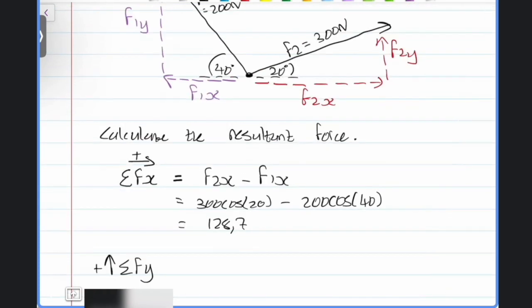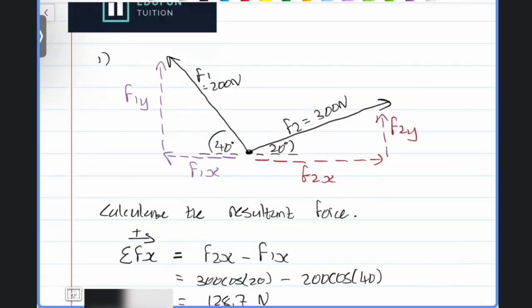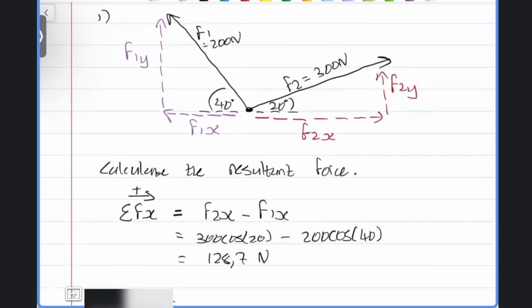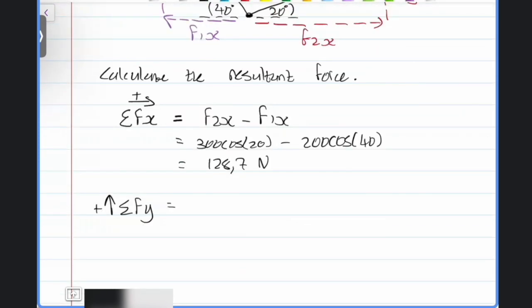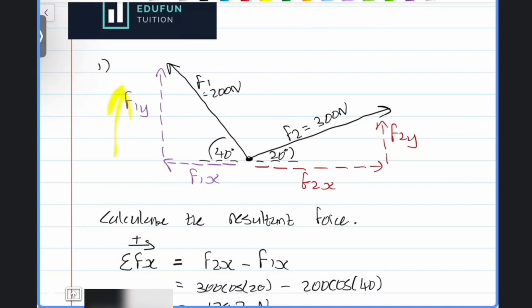Now, sum of forces in the y direction, we're going to choose going up as positive here, right? We're going to choose going up as positive for this one. And the reason why we're choosing up as positive is because you can see both vectors here are acting up. So obviously it would make sense to choose up as positive. There's no vector going down, or no component, I should say, going down. All right, so here we're going to say that it should be F1y plus F2y.